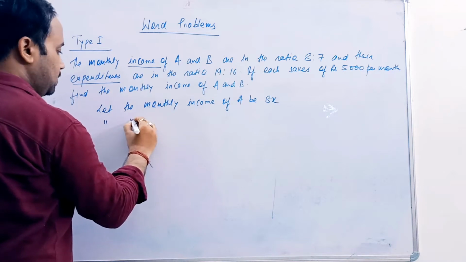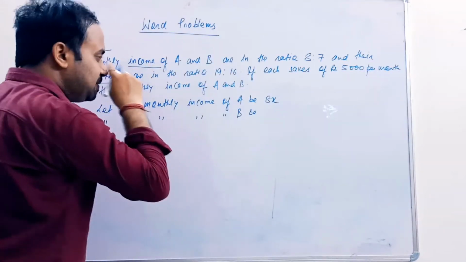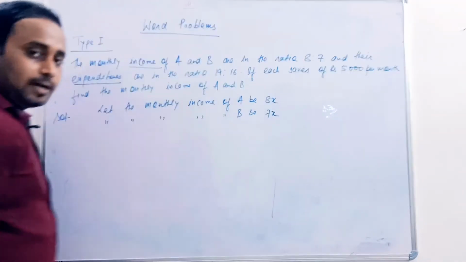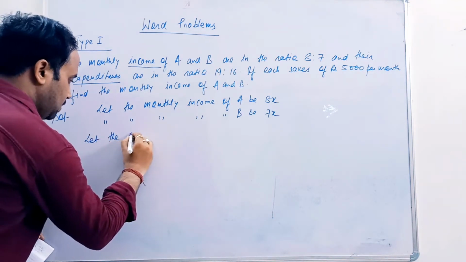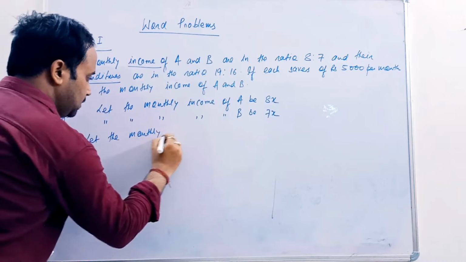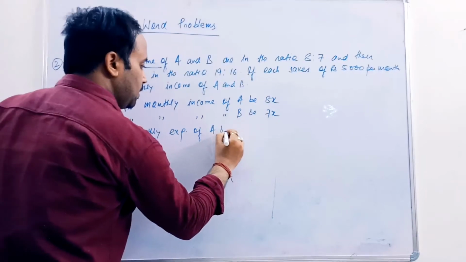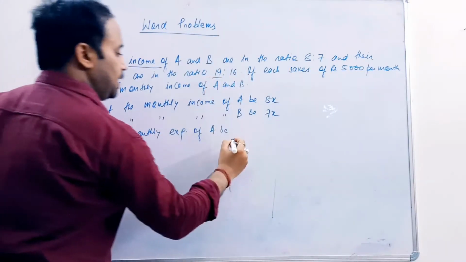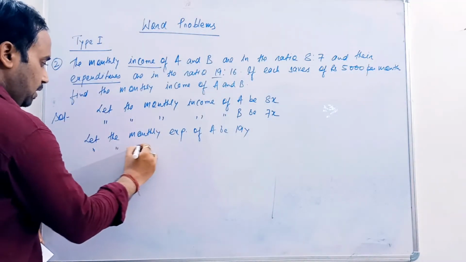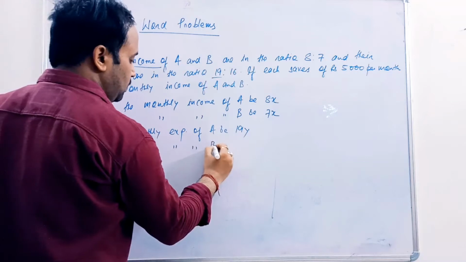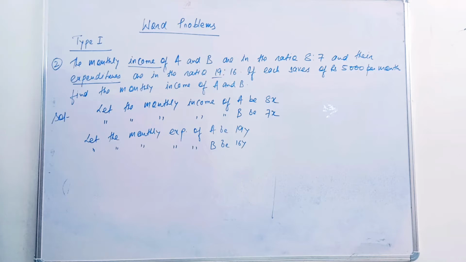Same as, let the monthly income of B be 7x. Again, let the monthly expenditure of A be 19y, because y is the variable of expenditure. Same as, let the monthly expenditure of B be 16y. I hope up to this stage it is clear.